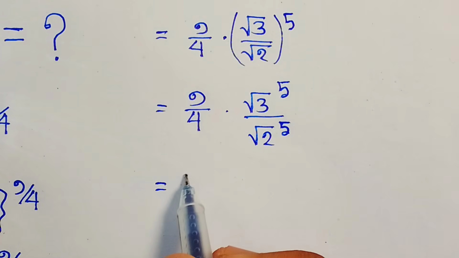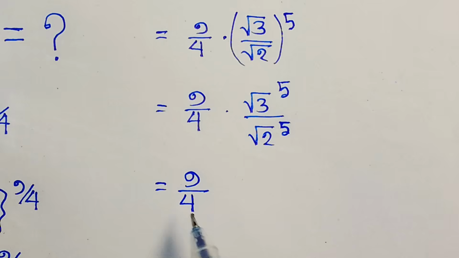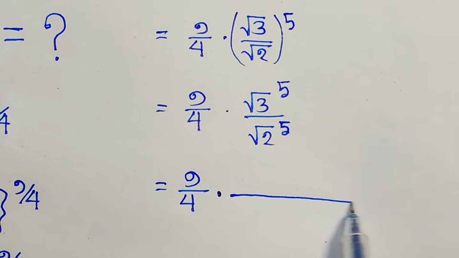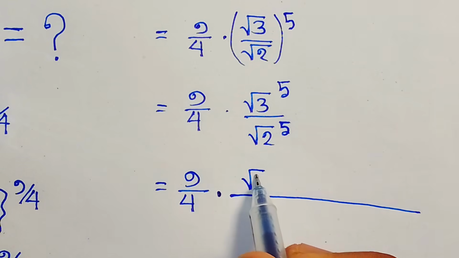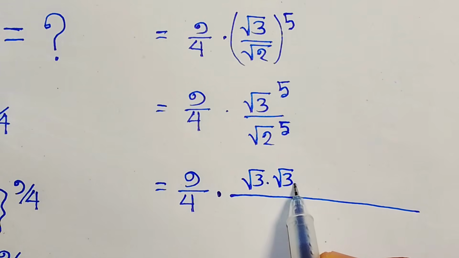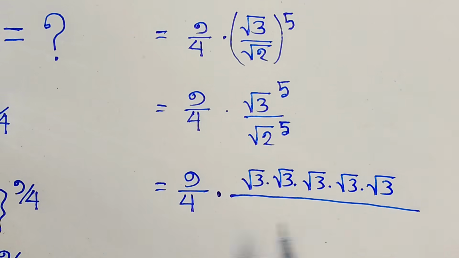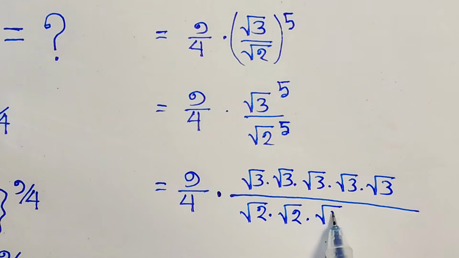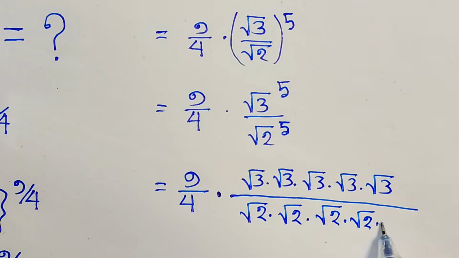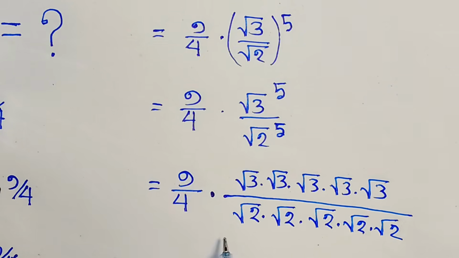After that the equation will be 9 divided by 4, and also we can write root over 3 five times, so we can simplify root over 3 to the power 5. Root over 3 at the top, and at the bottom root over 2 five times.